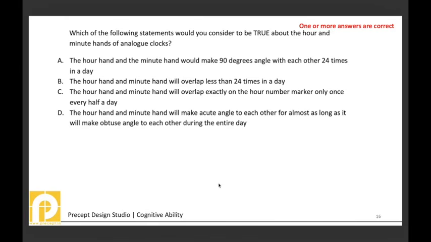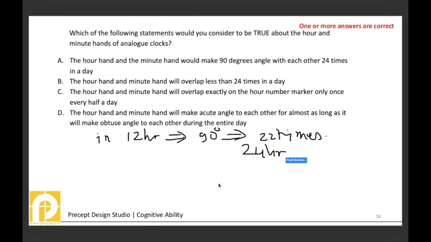A 90-degree angle is made 22 times in 12 hours, which means in 24 hours, it will be made 44 times. So option A is wrong.